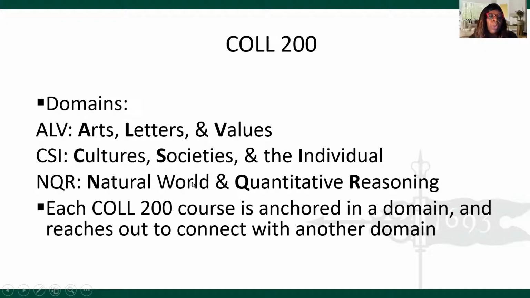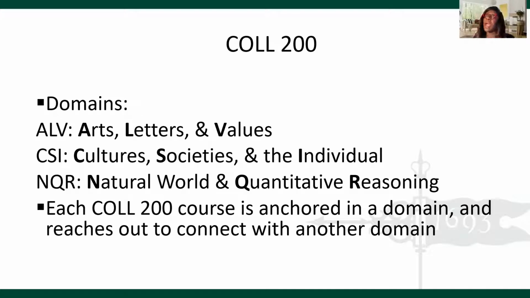So what do the domains mean? You have to take our COLL 200 in one for arts, letters, and values, one for CSI, and one NQR, okay? The courses that are attached to these attributes, sometimes they overlap.